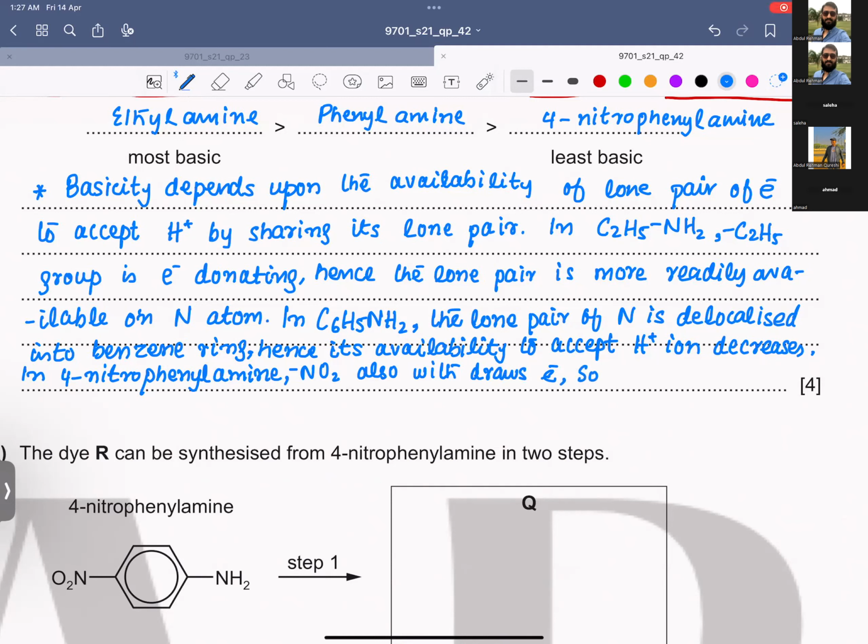So the lone pair on nitrogen is even less available to accept hydrogen ion. Yes, is this understandable to everyone?